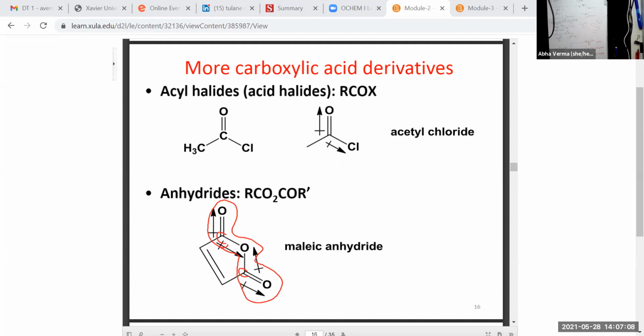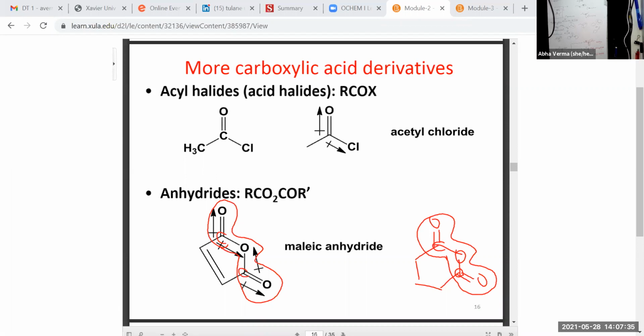That could be in any shape or form. Okay, I can do this also. This is also an anhydride. Why? Because the oxygen is sandwiched between two carbonyls. Any questions so far? Okay.